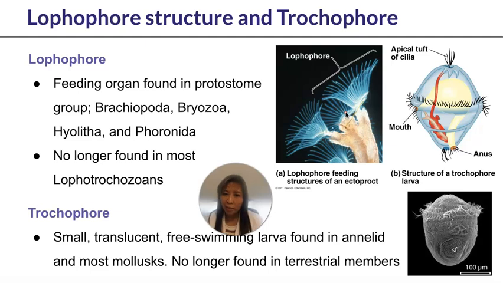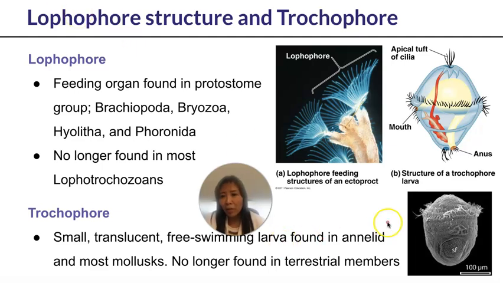Another characteristic that's not really observed is having a translucent free-swimming larva stage. This isn't found in animals that migrate from water to land, so we don't find them in the terrestrial members, but these small free-swimming larvae were originally found in a lot of mollusks as well as Annelida.